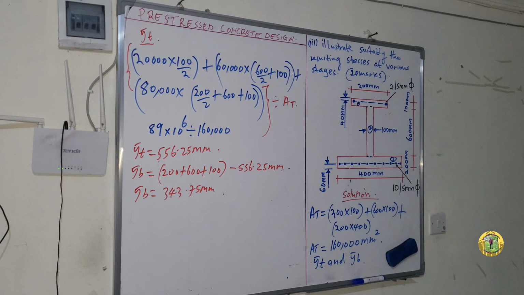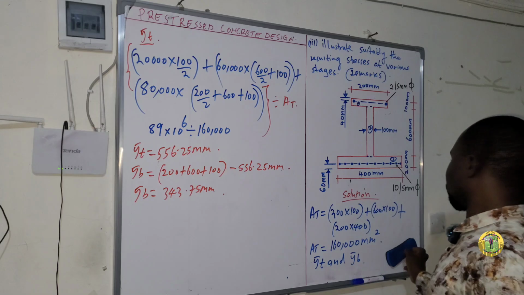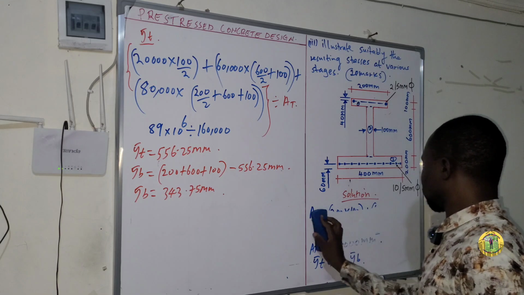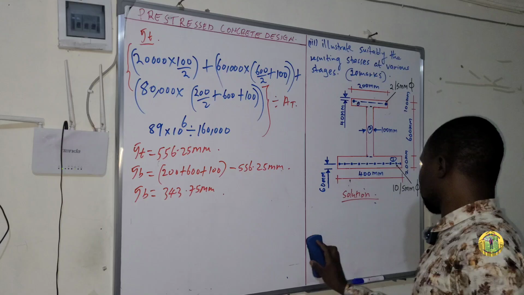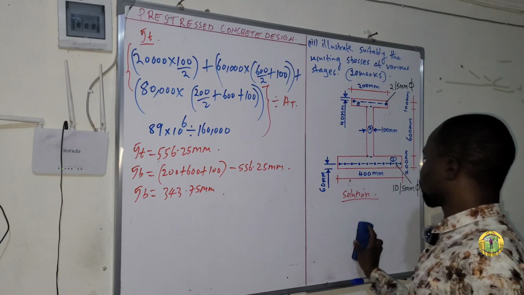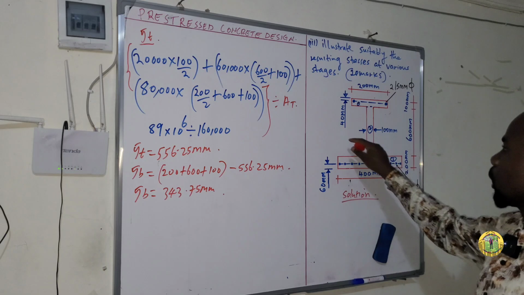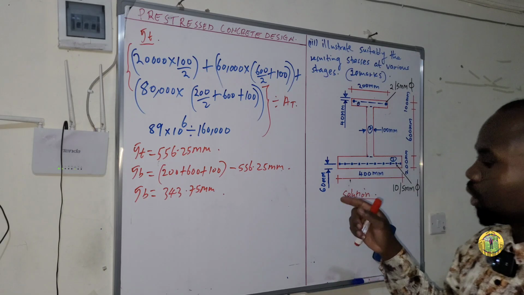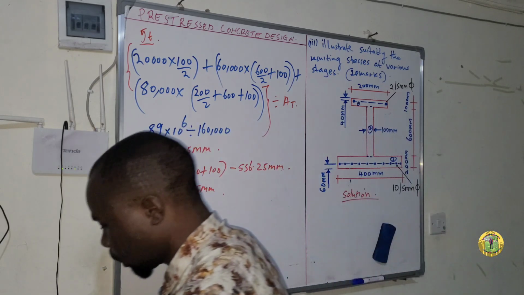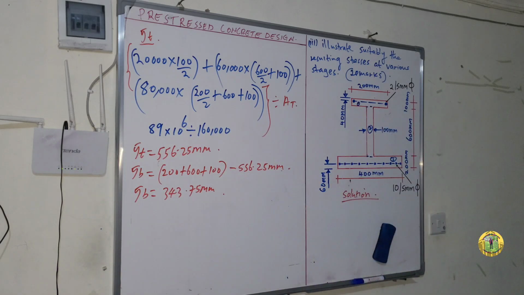Then after calculating the y bar top and y bar bottom, we now proceed to the second moment of area, which is Ixx. But before we proceed to Ixx, let's indicate on our section the y top and y bottom together with its value.